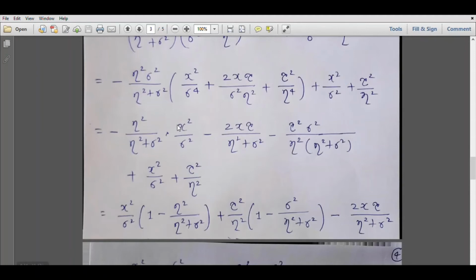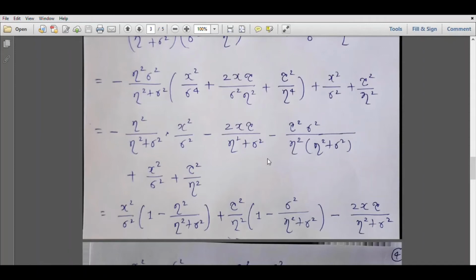Thus we have x square by sigma square into, now let us take the terms containing x square by sigma square common. So I'll have 1 minus eta square upon eta square plus sigma square. Similarly, take the terms containing tau square upon eta square common. So I have 1 minus 1 from here minus sigma square upon eta square plus sigma square here.